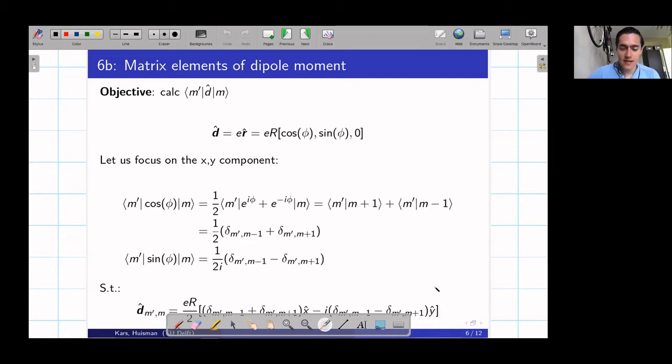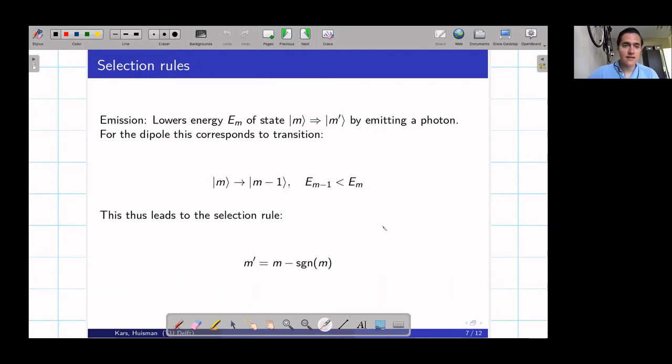And you indeed see that a state is either raised or lowered. The second part of the question said, for the process of emission, show that we have this selection rule here. Well, emission means that you lower your energy, you emit a photon, so your state loses energy.